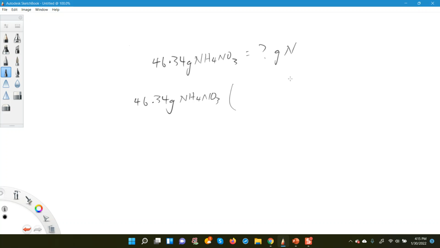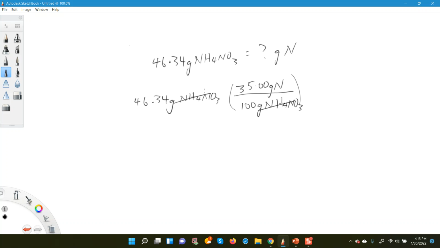We multiply that by a conversion factor which represents the percentage of nitrogen present. We would put up top 35.00 grams of nitrogen, and down here 100 grams of ammonium nitrate. Right? So that this will cancel out with this.